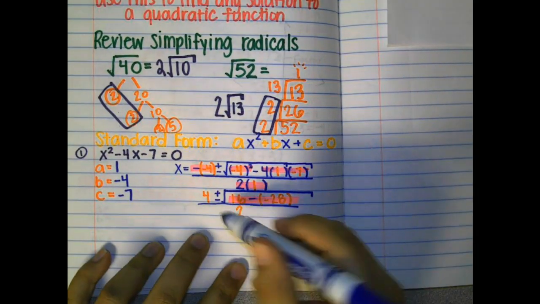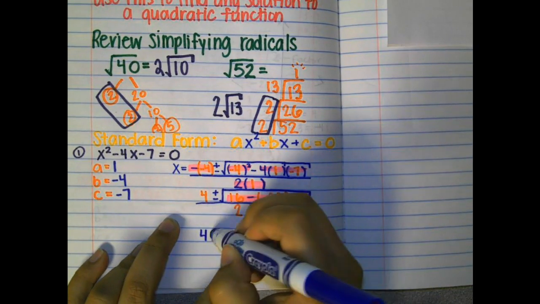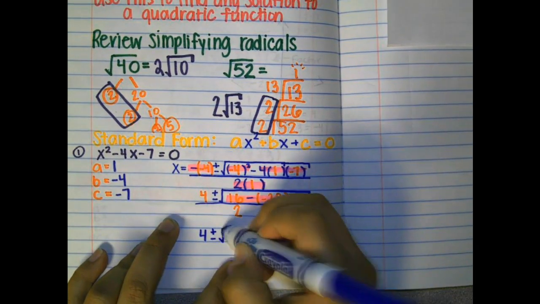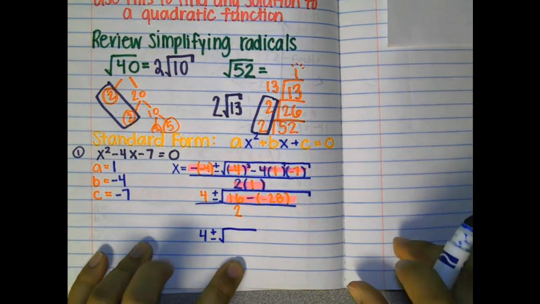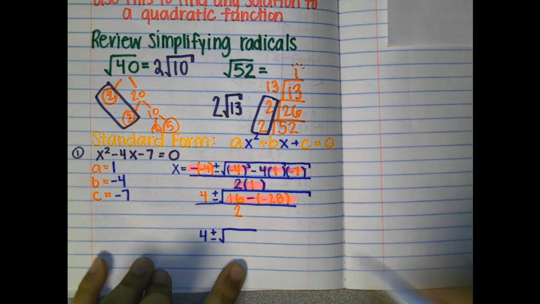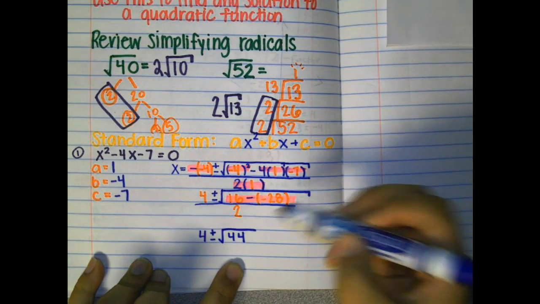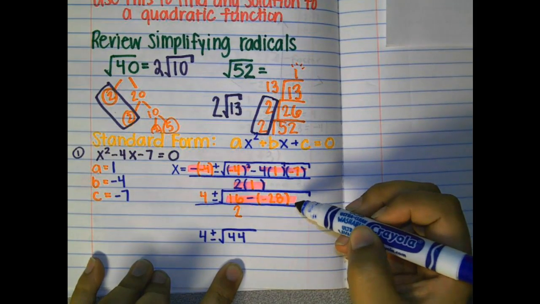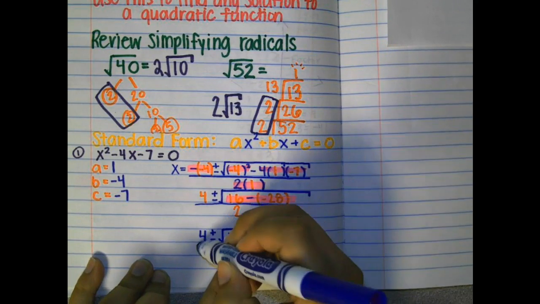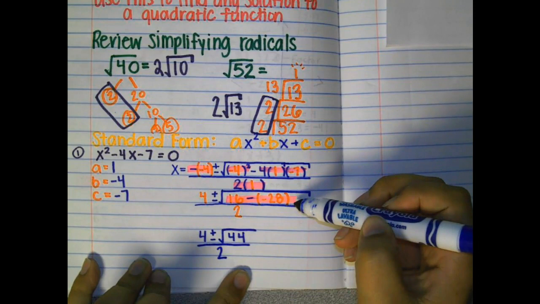So I'm going to end up with 4 plus minus the square root, and then it's 16 minus -28, which is the same thing as 16 plus 28, which gives me the square root of 44. Again, you should verify this on your own using the calculator. And then I'm going to divide all of that by 2. So the only thing that changed was the 16 minus negative 28.